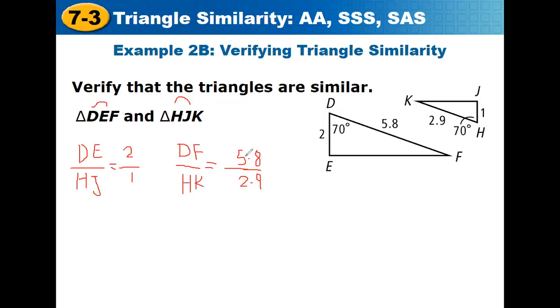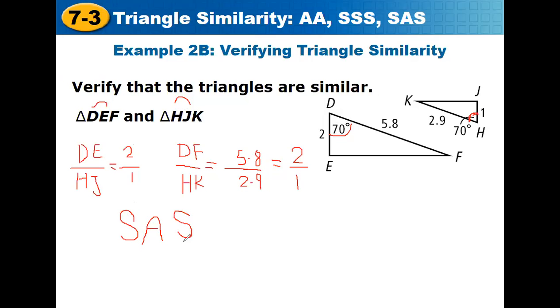In simplest form, it will be 2 over 1. What do you notice now? Two sides have the same ratio and the included angle. It should be the included angle, which means it lies between the two proportional sides. Then those two triangles are similar by side angle side.